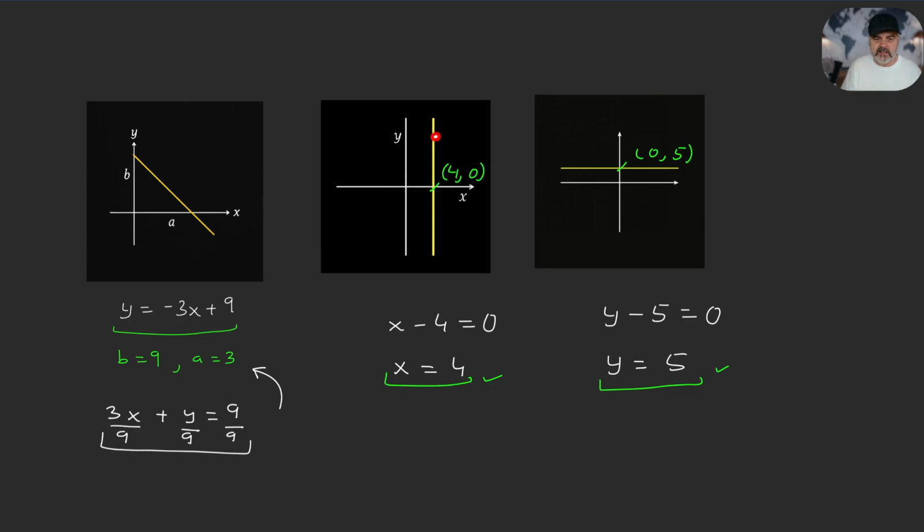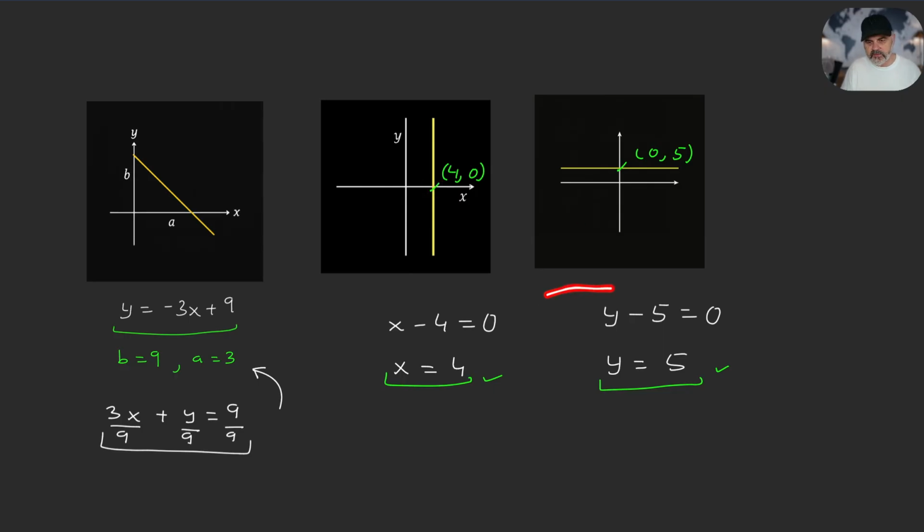So x is fixed, but y can get any real number for its coordinates. And that is the case where the line cuts the x-axis at that point 4, 0. This is the x-intercept. There was no y-intercept here, obviously.